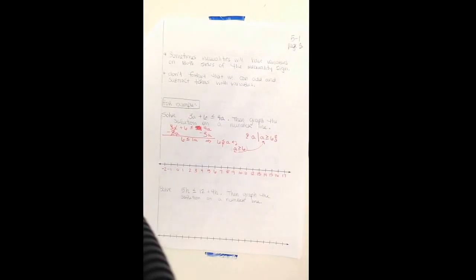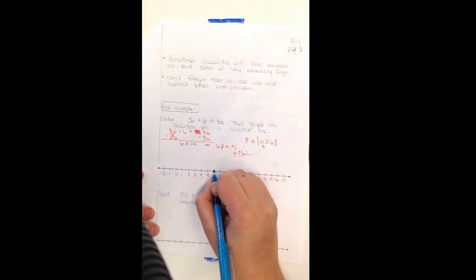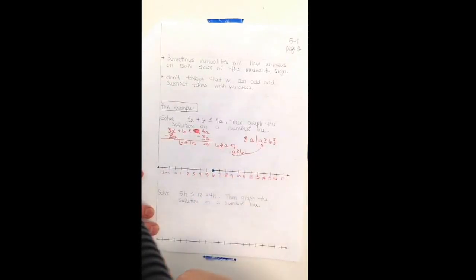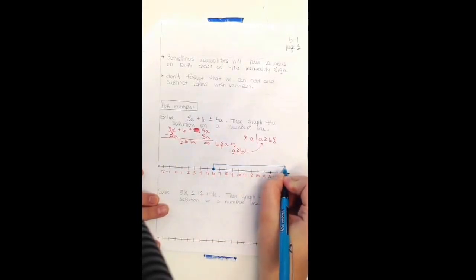To graph this, I put a solid circle at 6 because it includes the equal to symbol, and it's saying it's bigger than 6. Again, we draw to the right.